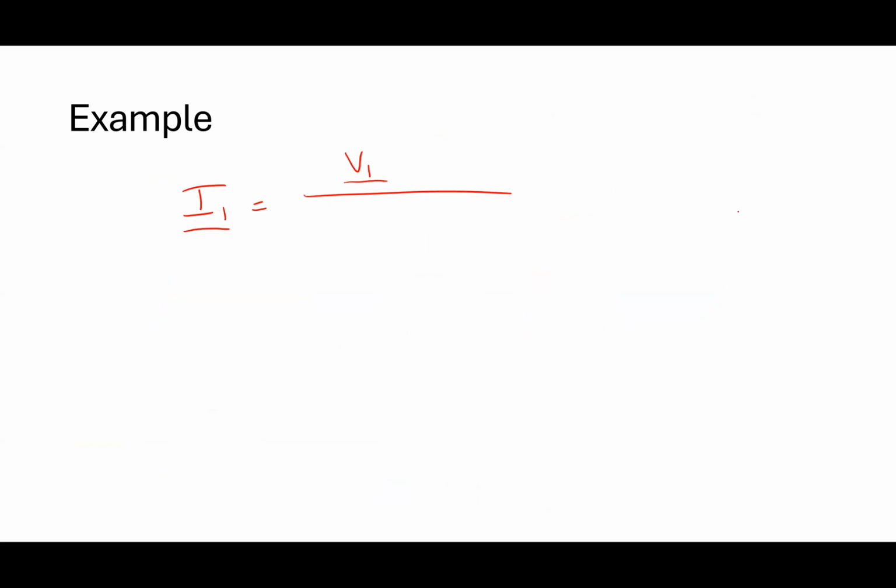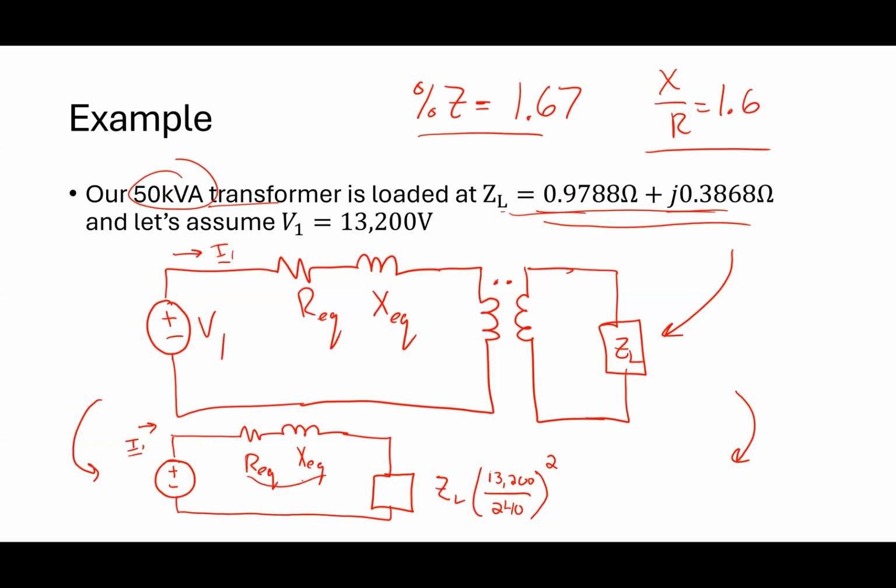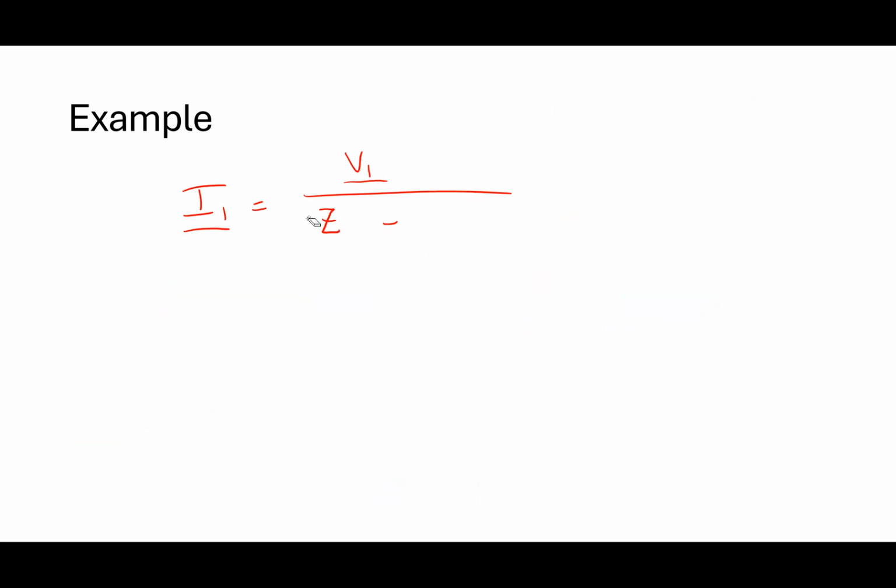All right, so the current in this case would be determined by that ZEQ. I would put in the numbers I calculated for these. So when I say ZEQ, let me be more clear: REQ plus j XEQ1, plus that ZL times 13,200 divided by 240 squared.